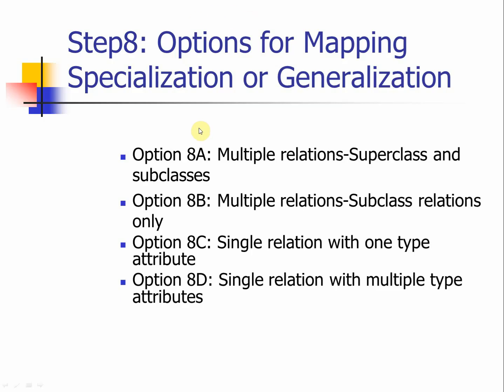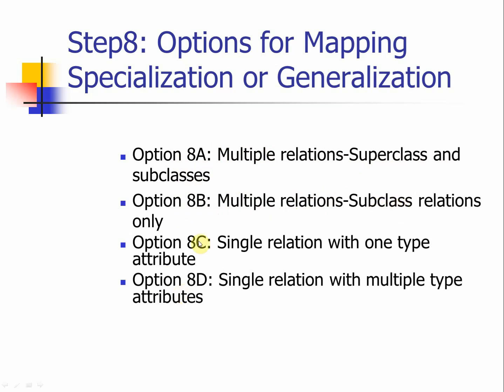There are 4 choices. The first 2 choices have 2 common things. It's about multiple relations, and they will create superclass and subclasses to form multiple relations. Choice B still has multiple relations, but you will have subclasses only.